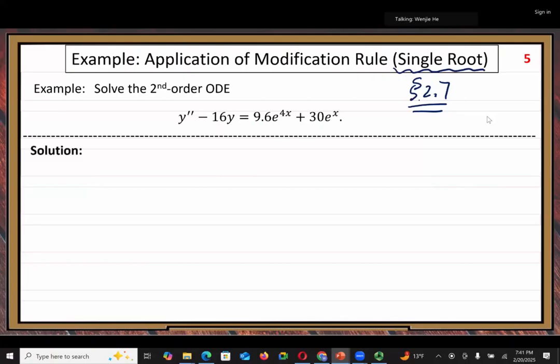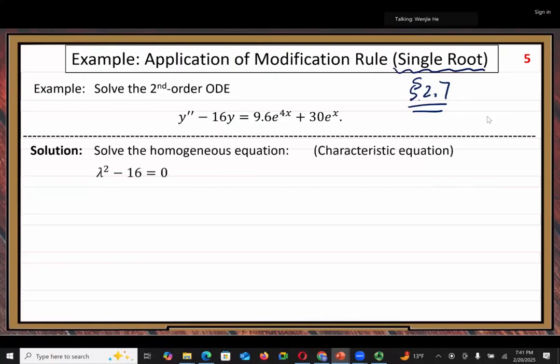All right. Solution, this time, let's calculate the characteristic equation first. Solve the characteristic equation first, homogeneous. Two roots, two single roots, right? So plus 4, minus 4.